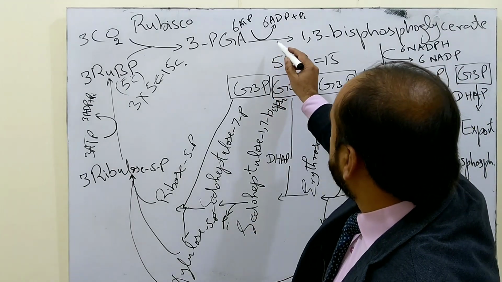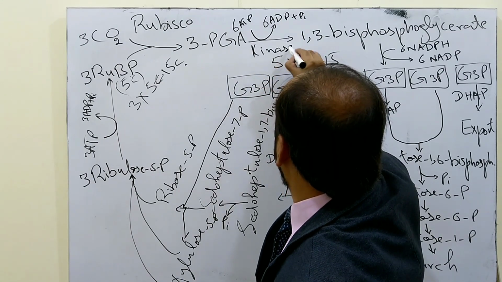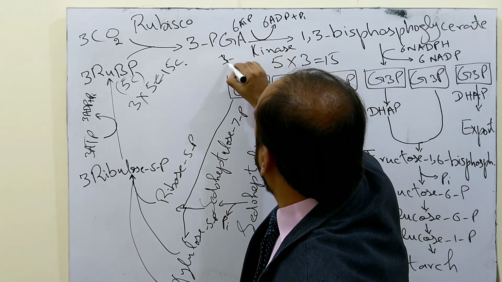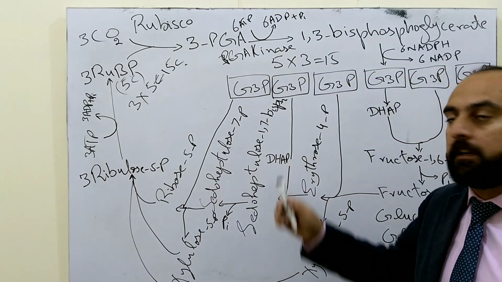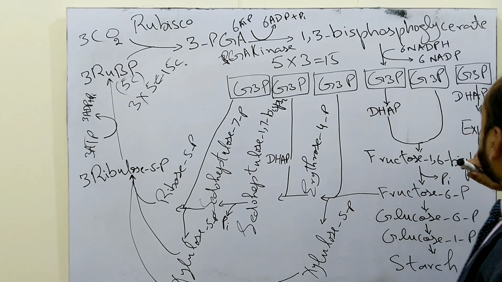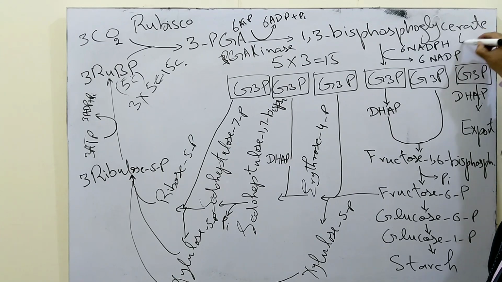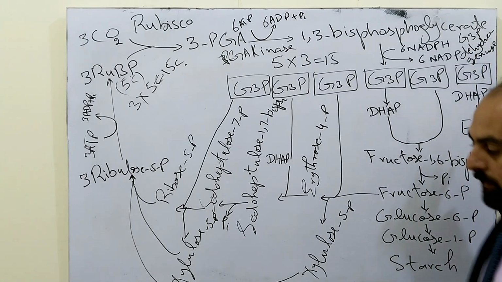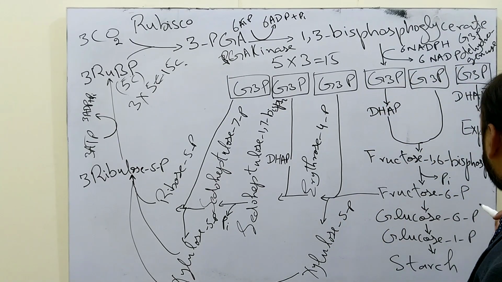Here in this step the enzyme that is involved is called a kinase, which is involved with an energy reaction. So the enzyme involved here is phosphoglycerate kinase. Here the enzyme that is involved is called G3P dehydrogenase, which is involved with a redox reaction, or oxidation reduction reaction.